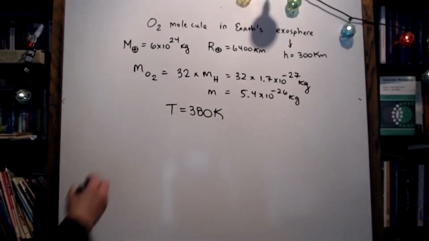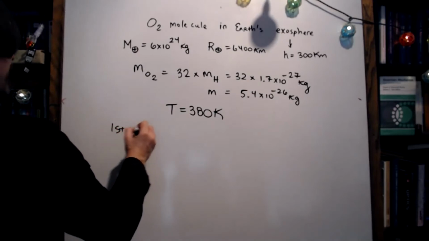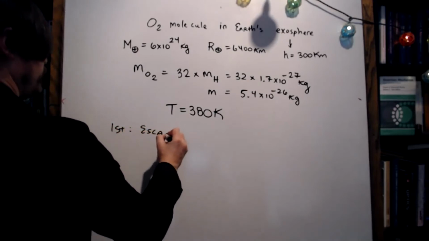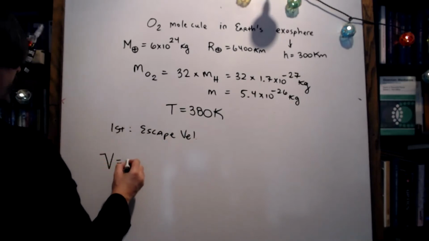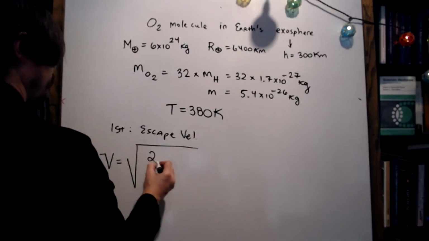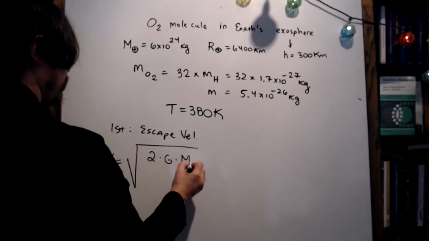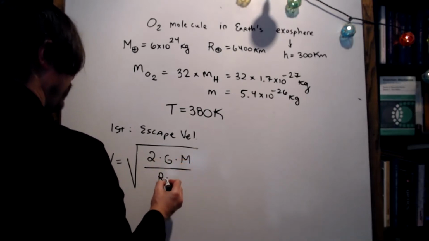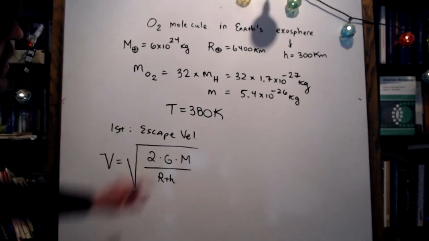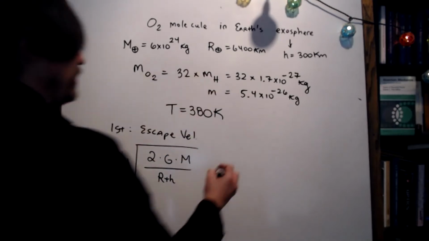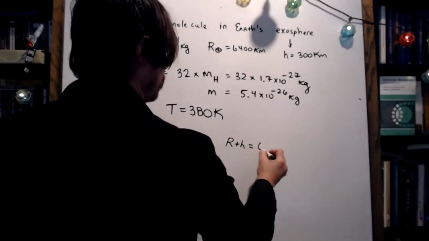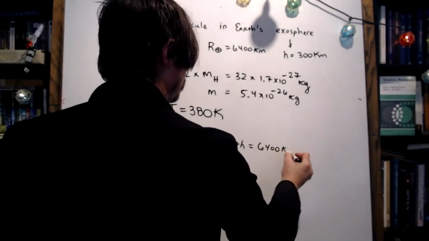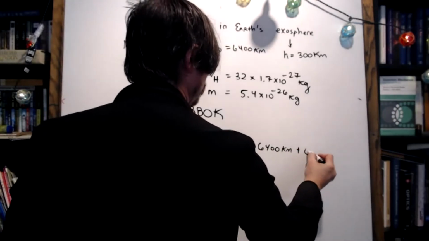Okay. First, what we do is we calculate escape velocity. Now, remember, the escape velocity will be the square root of 2G mass of Earth divided by the radius plus the height in meters. Can you guys help me get r plus h in meters? 6,700 kilometers.